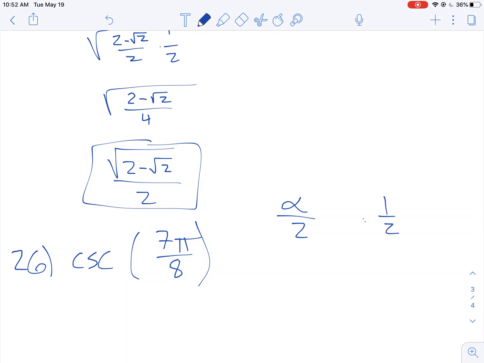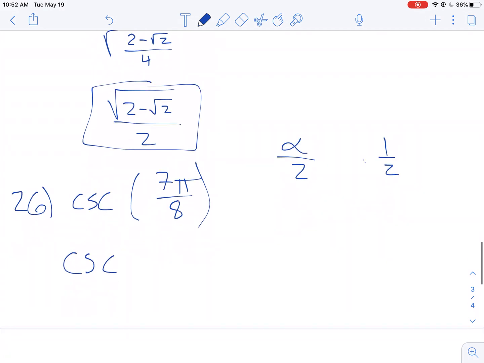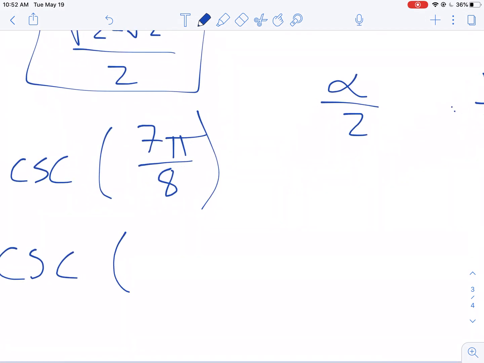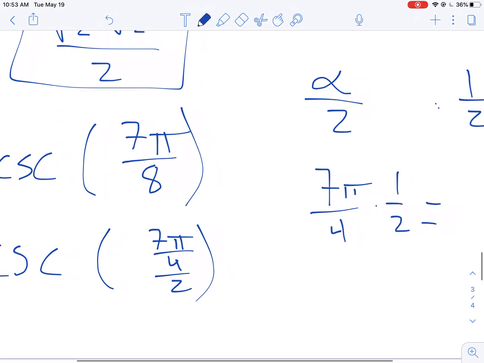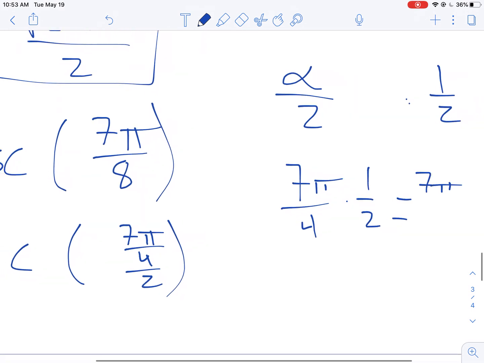So this is the same thing as the cosecant of 7 pi over 4 over 2, because 7 pi over 4 times 1/2 is equal to 7 pi over 8.